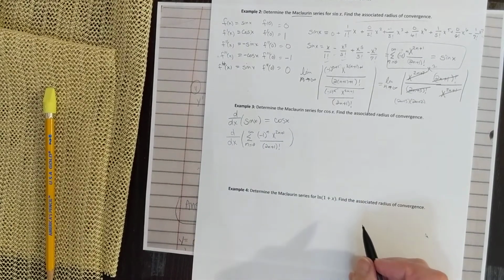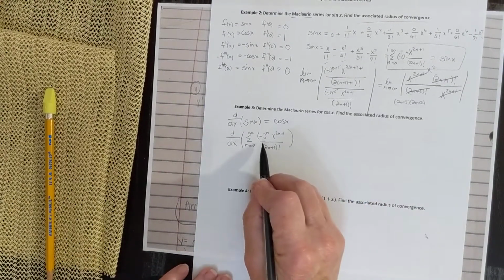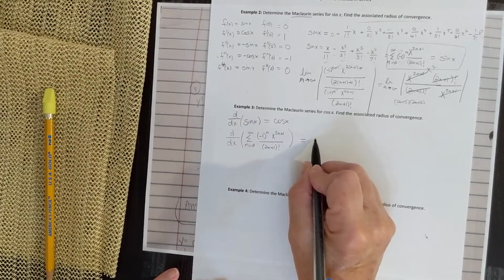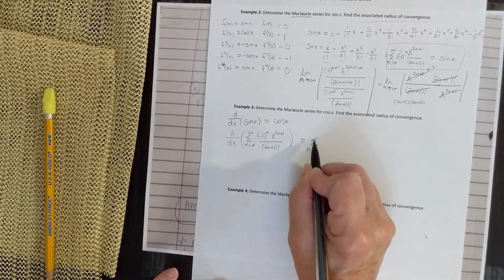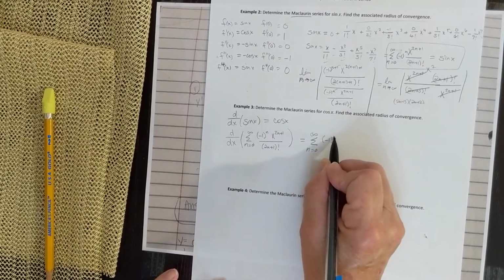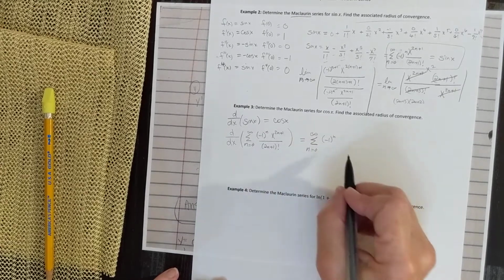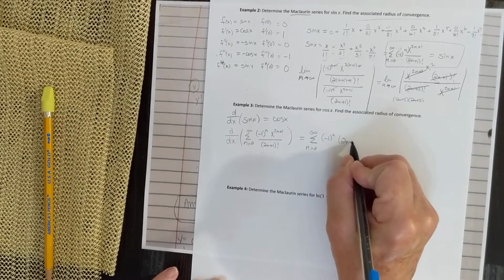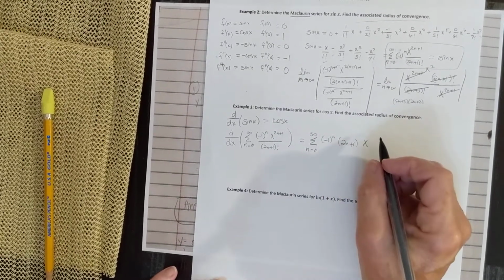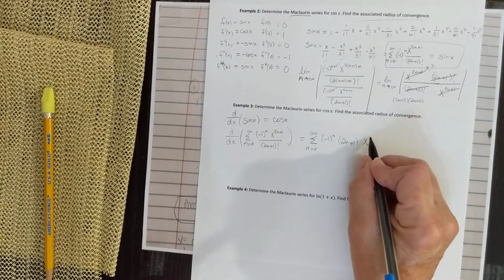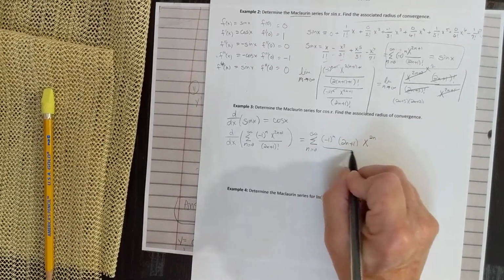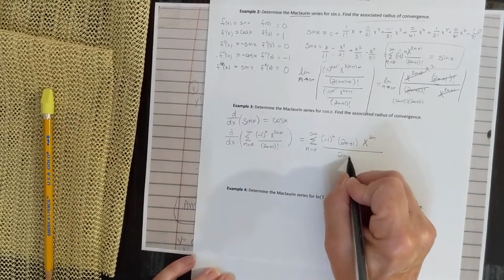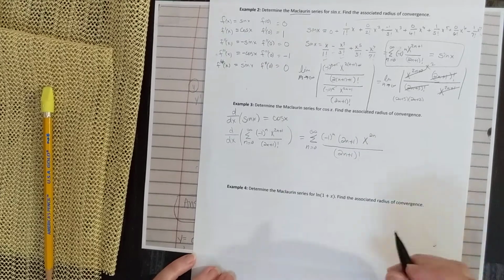If we're going to take this derivative, what's going to happen? (-1)^n is a constant, so it just gets multiplied on. Leave it alone. This is a power rule, so the 2n plus 1 gets put in front, x gets raised to the 2n plus 1 minus 1, or just to the 2n, all over what we already had, (2n+1) factorial. That just gets carried through.